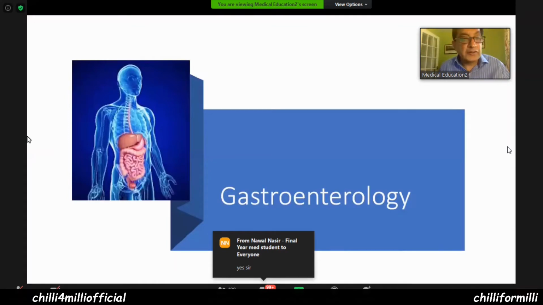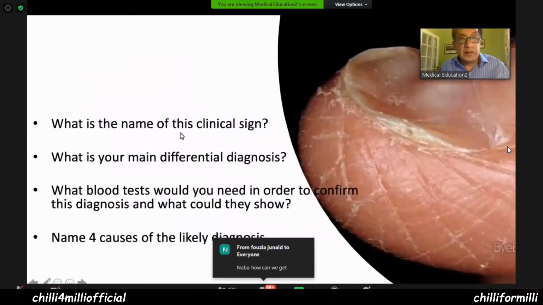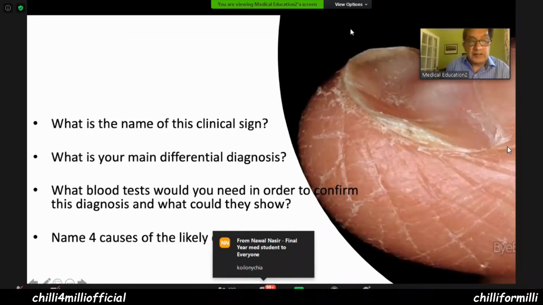Okay, so first question is a very easy question. Right, okay, guys, please tell me what is the name of this clinical sign? What is your main differential diagnosis? What blood test would you need in order to confirm the diagnosis and what could they show?